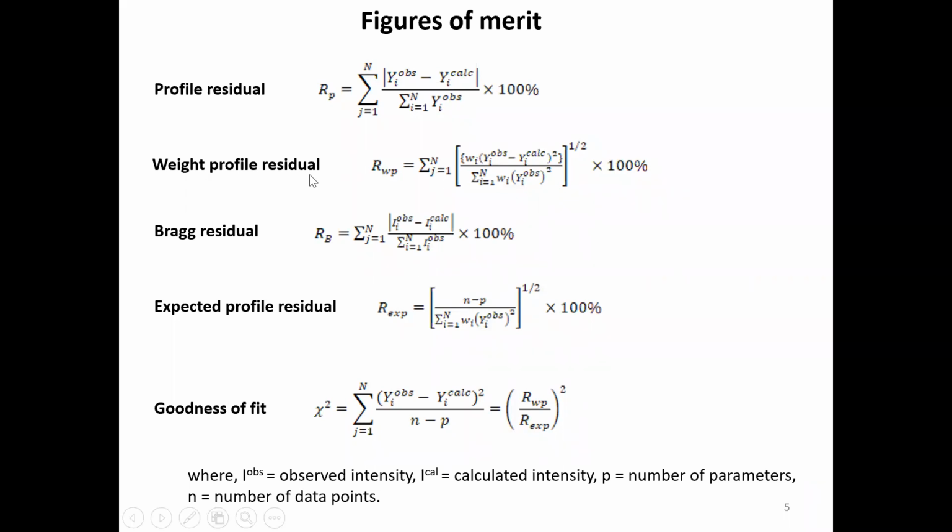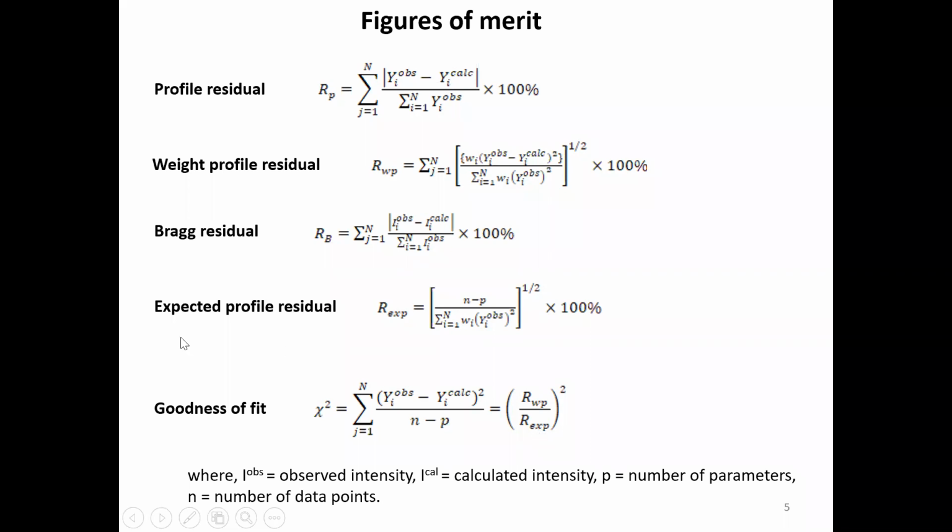If the weight profile residual is close to 0, it means it is good, meaning the simulated pattern and experimental pattern are converging. And the expected profile residual is what we are expecting. The ratio between the weight profile residual and the expected profile residual gives you how far we are going towards convergence. So if the patterns are getting converged, only then will your goodness of fit be close to 1.